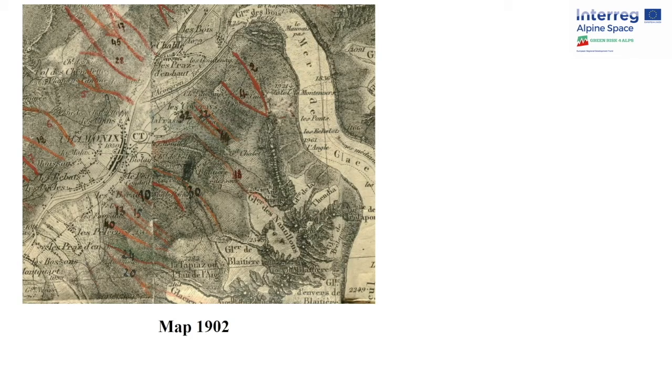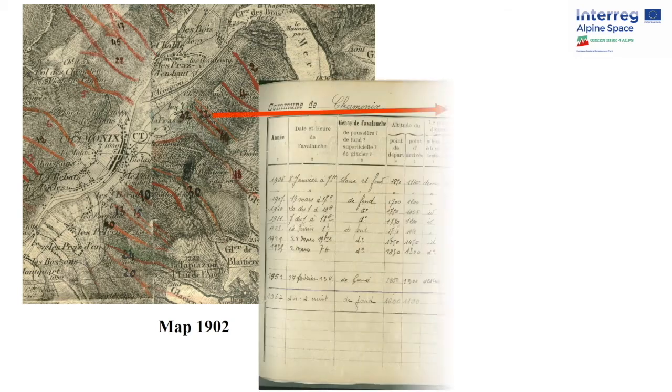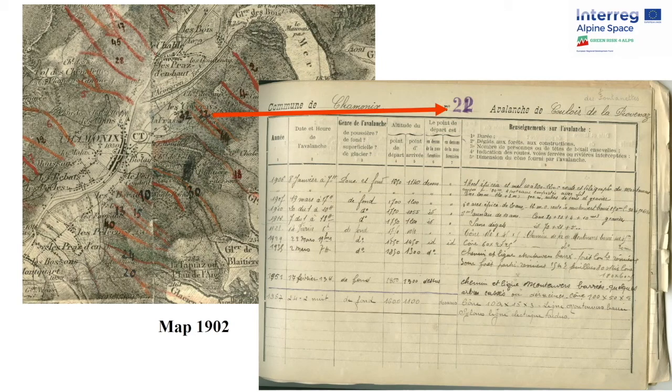In association with this reforestation activity, they also developed the first mapping of natural risk or hazard in France. For example, this is the example for snow avalanches. They have developed the mapping since the beginning of the 20th century. If you have the different snow avalanche paths that are mapped, you also have information about the activity of these different paths.